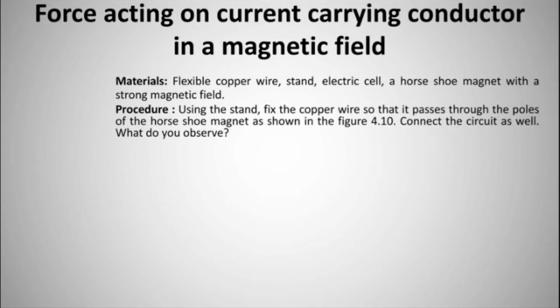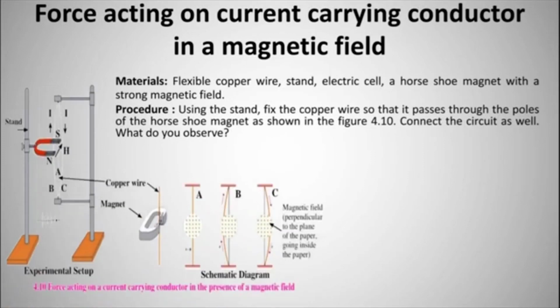Procedure. Arrange the setup as shown in figure 4.10. Using the stand, fix the copper wire so that it passes through the poles of the horseshoe magnet. Connect the circuit as well.